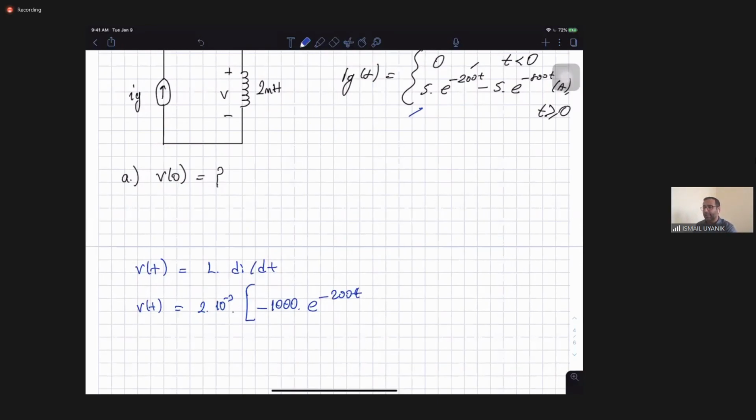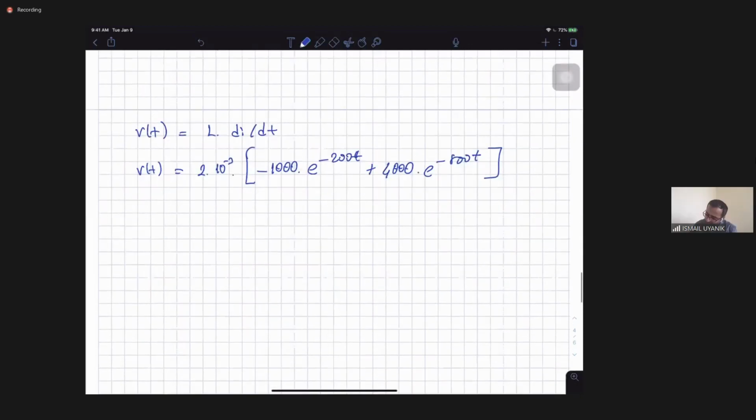And then on the right-hand side we have minus 5 times e to the minus 800t, so that will be plus 4,000 times e to the minus 800t, I think, in this case. Please double check my calculations. Does it look okay up to now? Yes, I think. Okay.